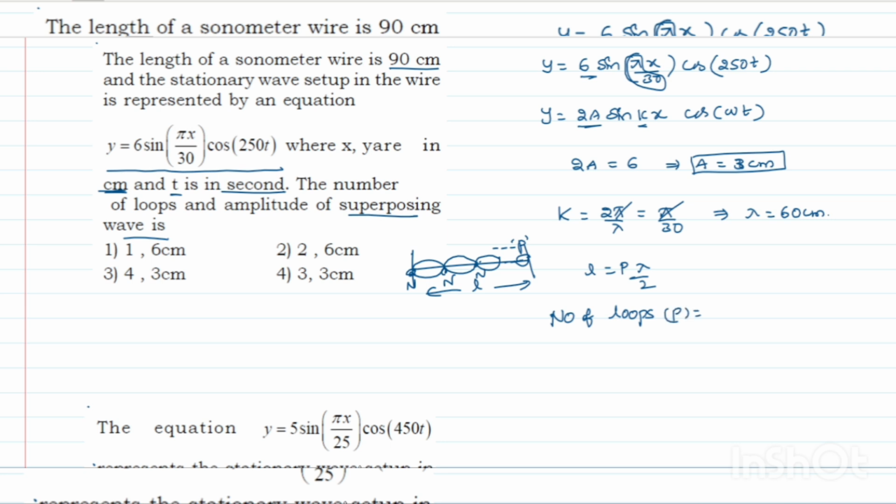P equals 2L by lambda, which is 2 into 90 centimeter, the length of the sonometer wire, by the wavelength 60 centimeter. That is 3 times, so the number of loops will be 3. So the amplitude is 3, and the number of loops is also 3.